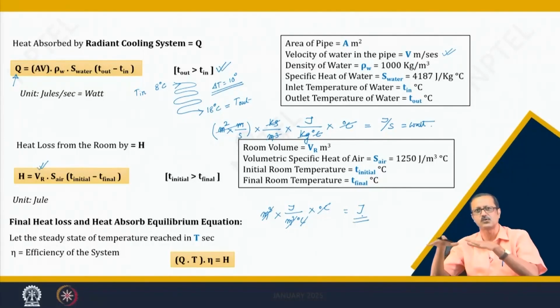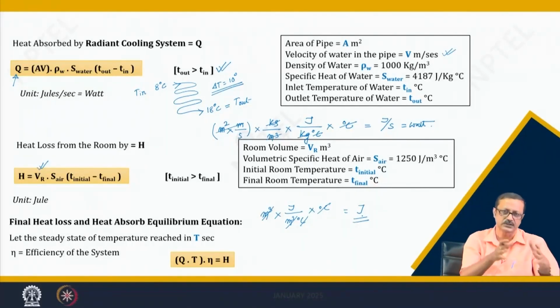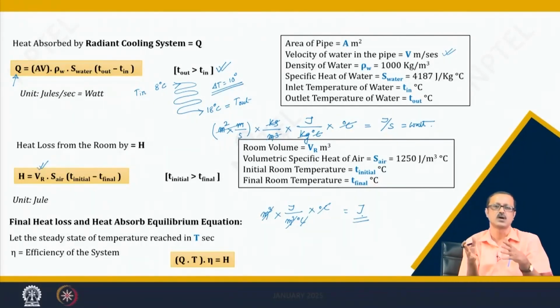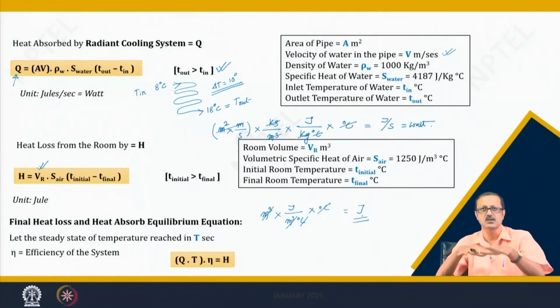Thereafter there will be no change unless there is a change in temperature. If you change the inlet water temperature, things will change, but otherwise it will remain constant. Suppose this steady state takes t seconds after you start the flow.